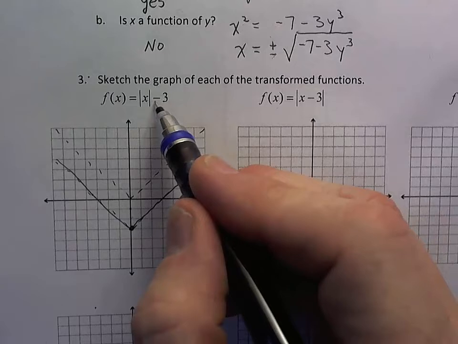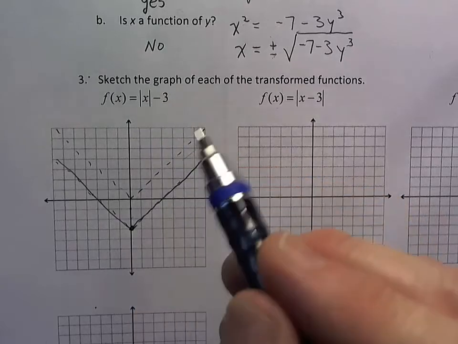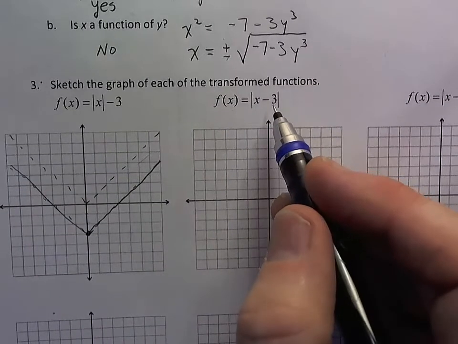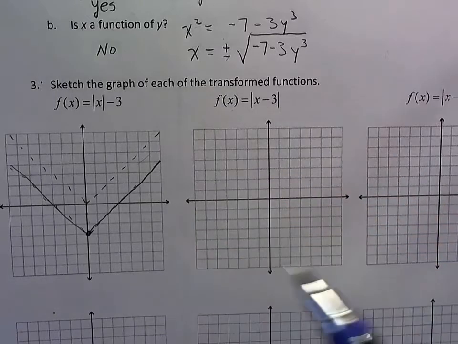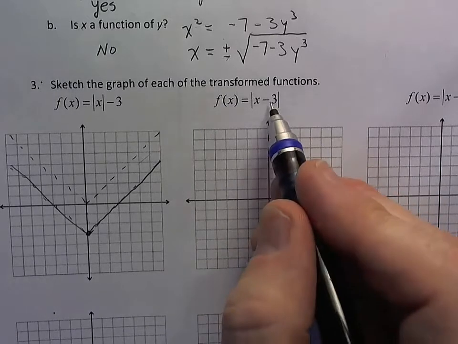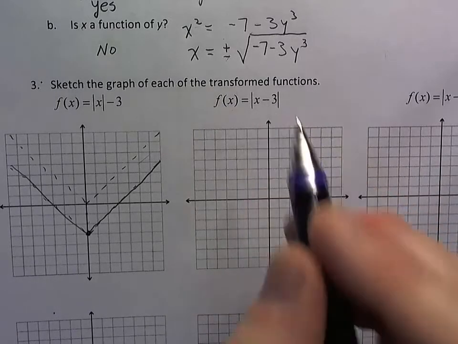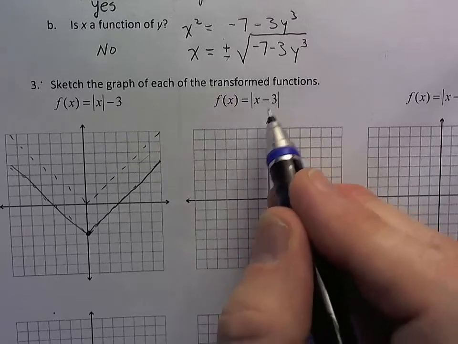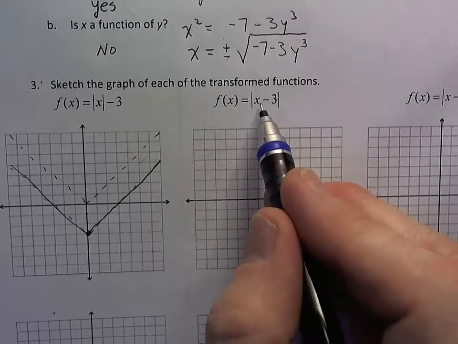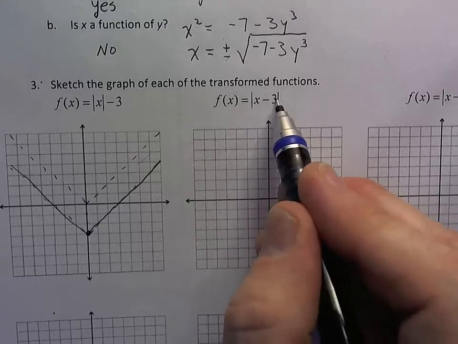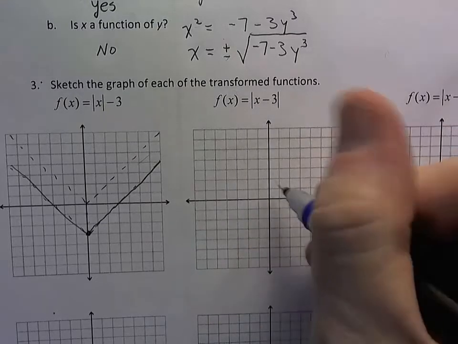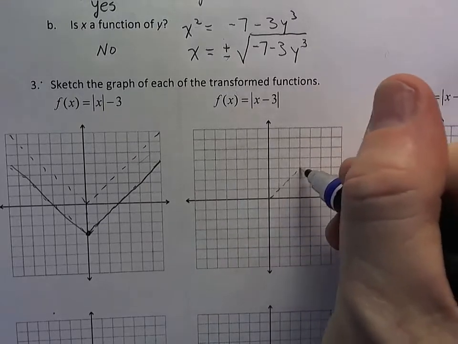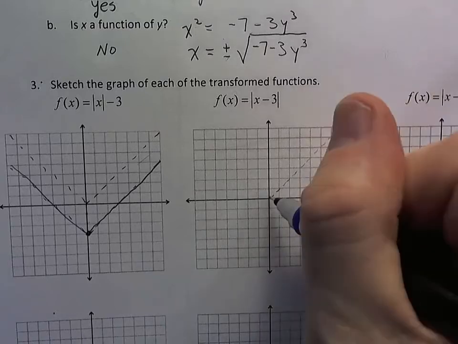Now, that was on the outside of the absolute value. If it's on the inside, I'm going to do the opposite of what you would think. You would think, well, I'm going to move this to the left. No, you're moving it to the right. You can think of it as you're kind of having to move to the right to counteract this negative 3. So once again, we have the basic absolute value, the parent function here.